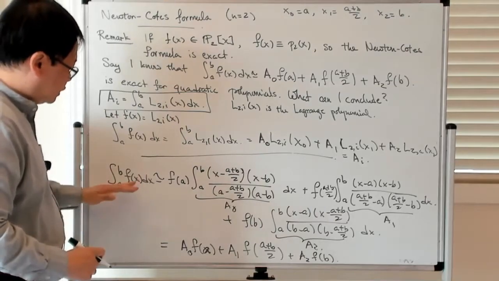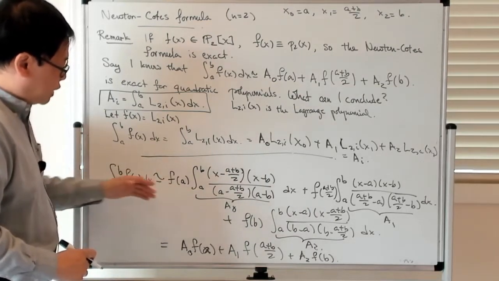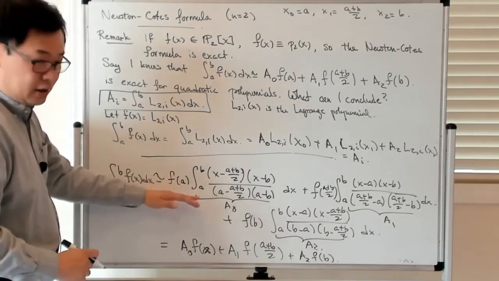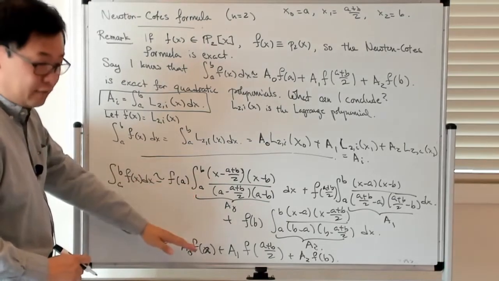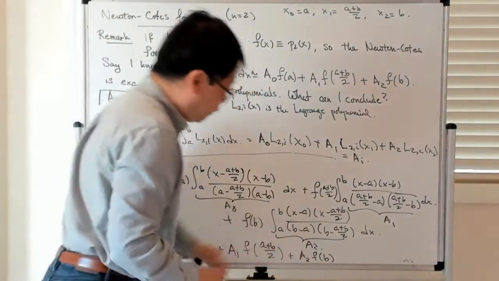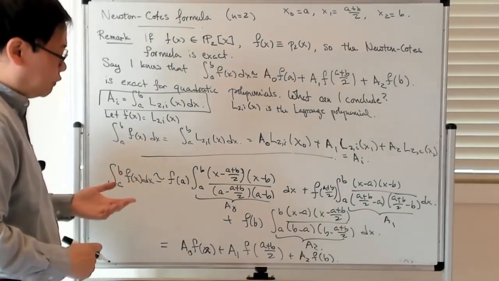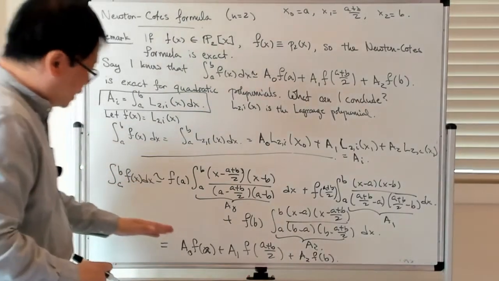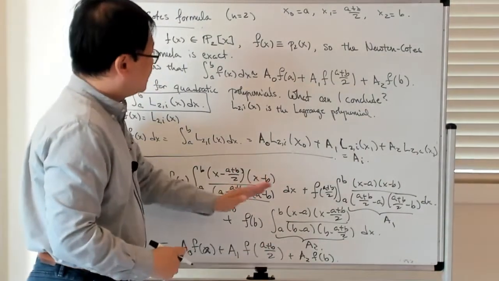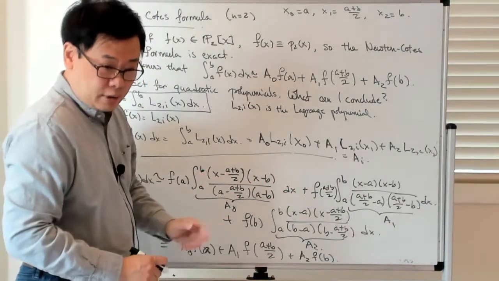On the one hand, you can start with the point of view that I take a function, replace it with a polynomial interpolant, and exactly evaluate that. That gives you a formula, and you know from properties of interpolating polynomials that this formula will be exact for quadratic polynomials.